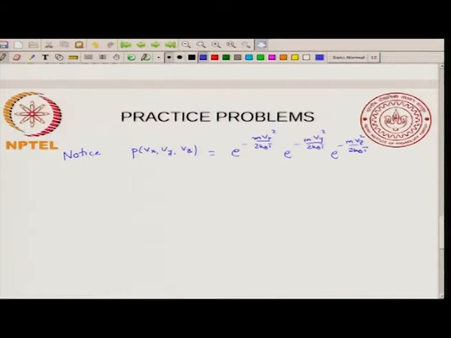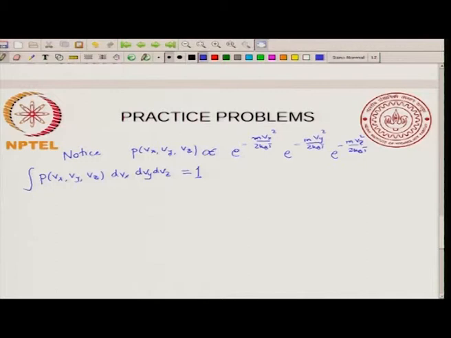So, what can you do with this? Now, your condition is that the integral of P of Vx, Vy, Vz dVx dVy dVz should be equal to 1.